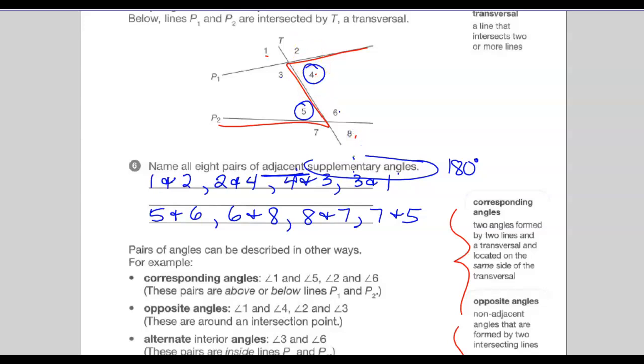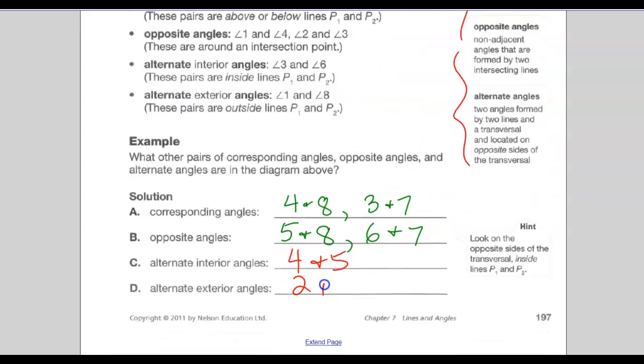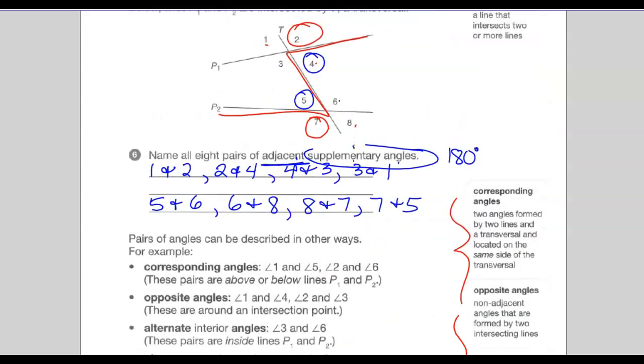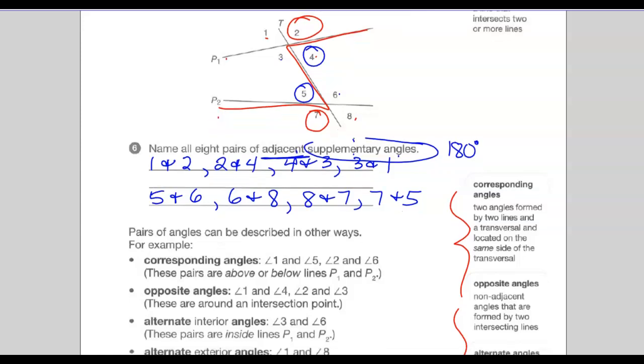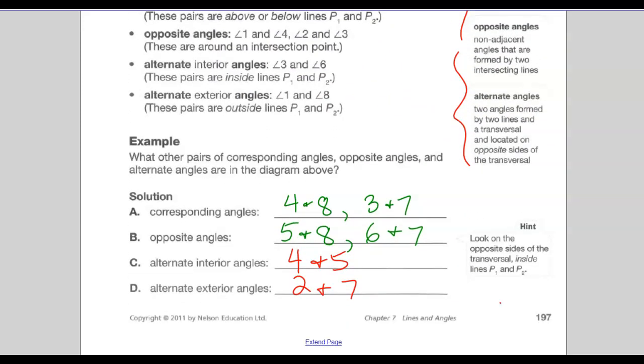And so our other ones would be 2 and 7. Okay, so those are just some definitions. In the next lesson, we'll talk about what happens if these two lines, P1 and P2, are parallel, because then there are some relationships between those angles. But that's the lesson.